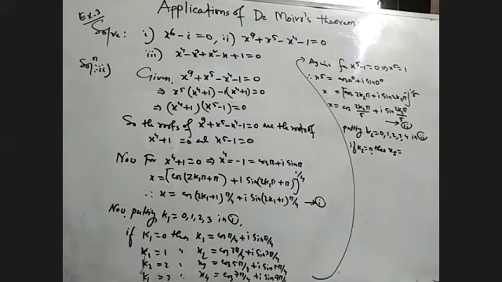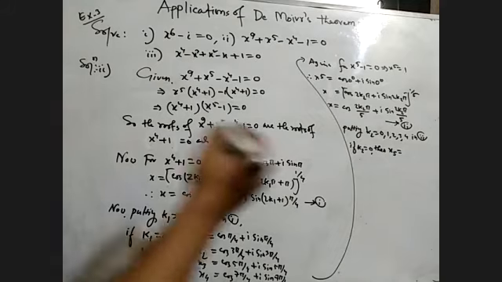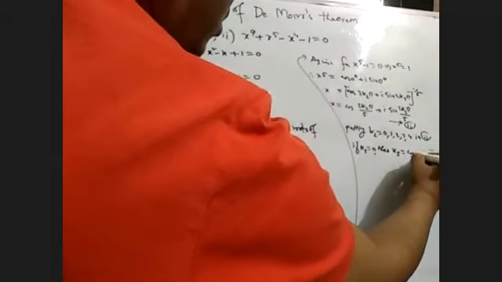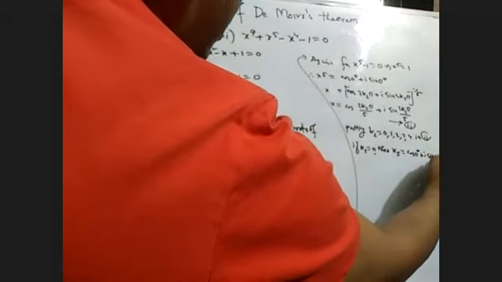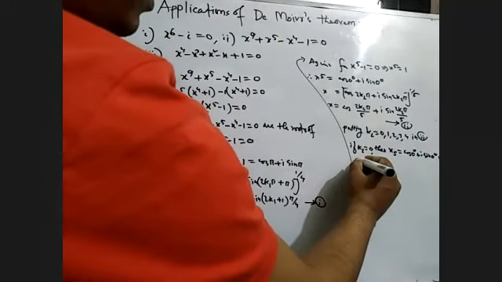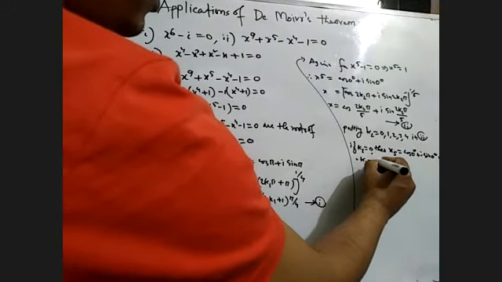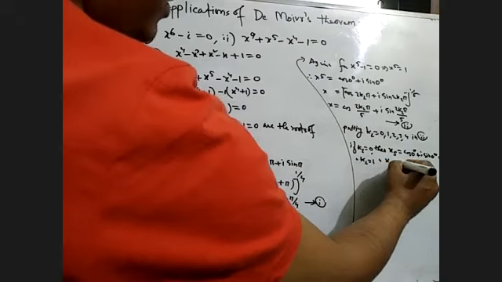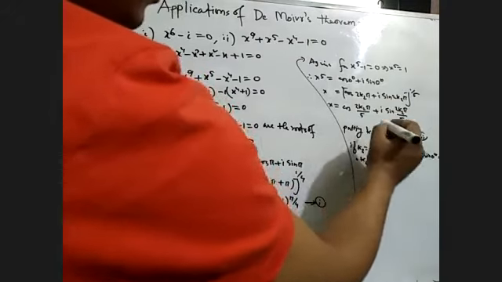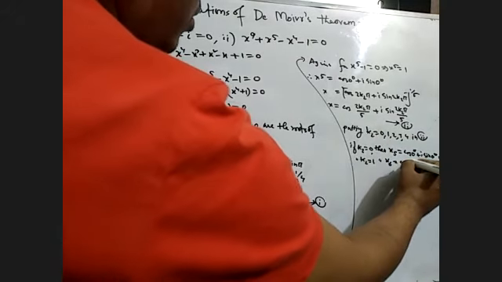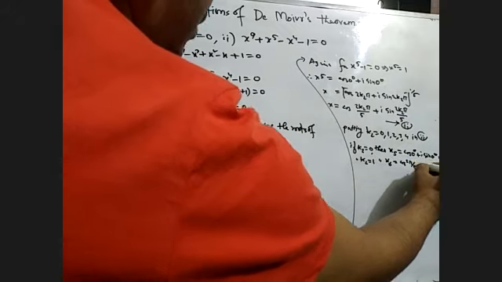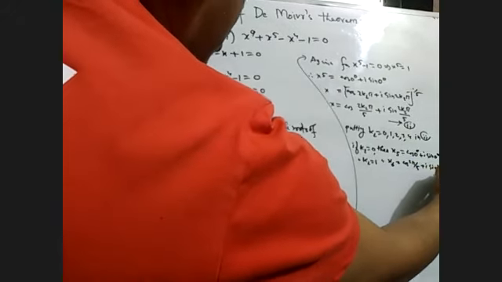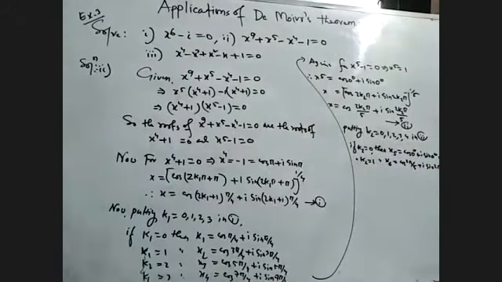Cos 0 plus i sin 0 degree equals what? 1. If k2 equals 1, then the sixth root: cos twice pi by 5 plus i sin twice pi by 5.